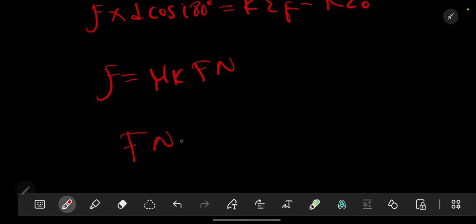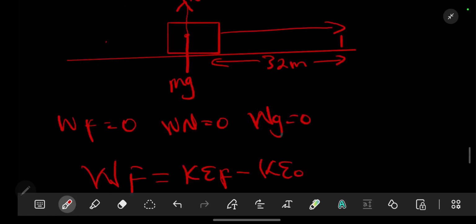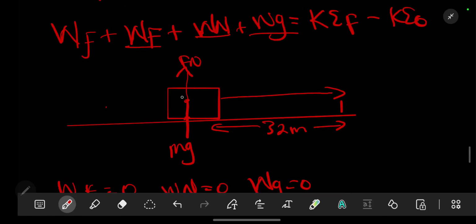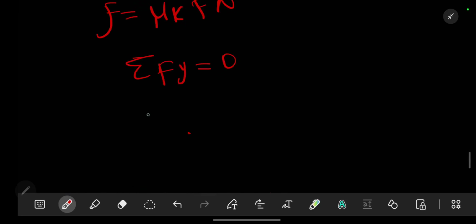We don't know the normal force, but using Newton's second law, the summation of forces in the y is equal to 0 because it's not leaving the contact. The normal force is pointing up, so the normal force minus mg should be equal to 0.